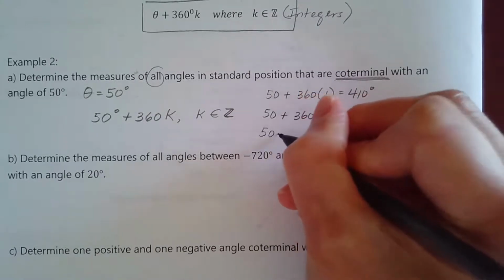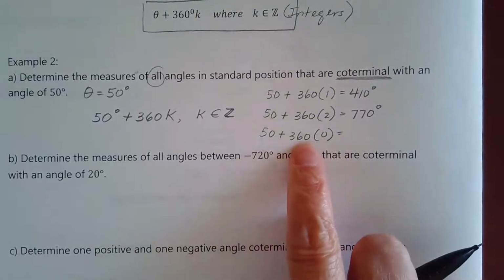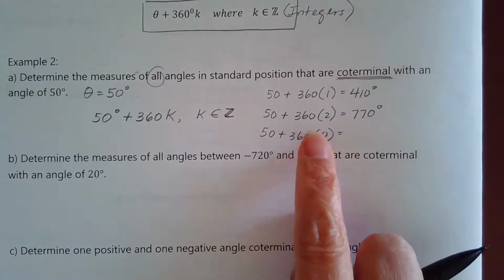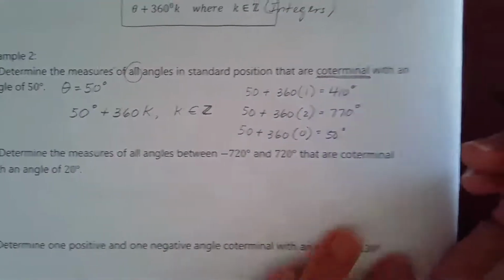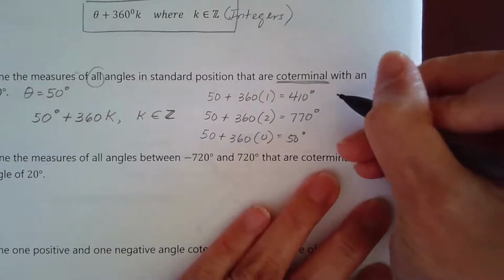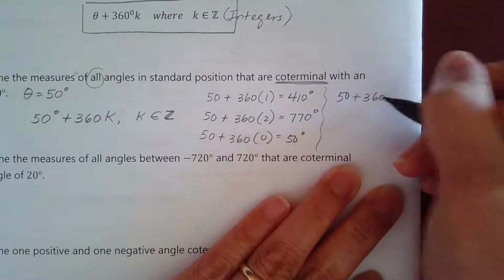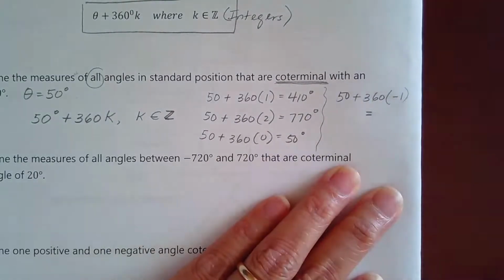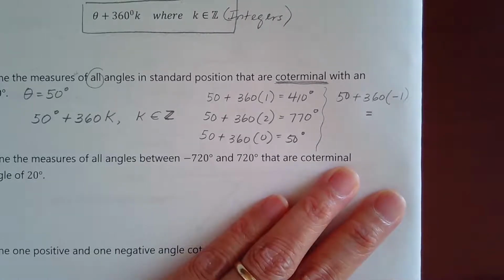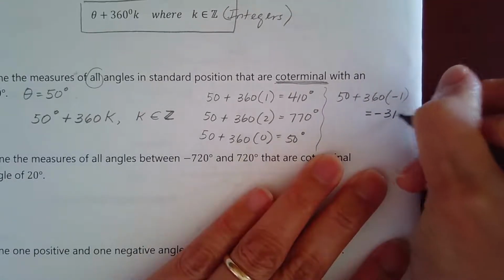Now, if we do a negative rotation, I'll start off with 50 plus 360 times 0. That means we don't do any full turn. That's where we're going to be at 50 degrees. And if we go 50 plus 360 times negative 1, we're going to get 50 minus 360, which is negative 310 degrees.